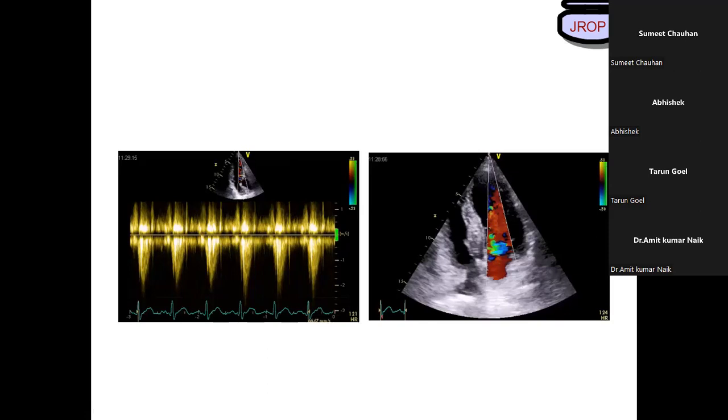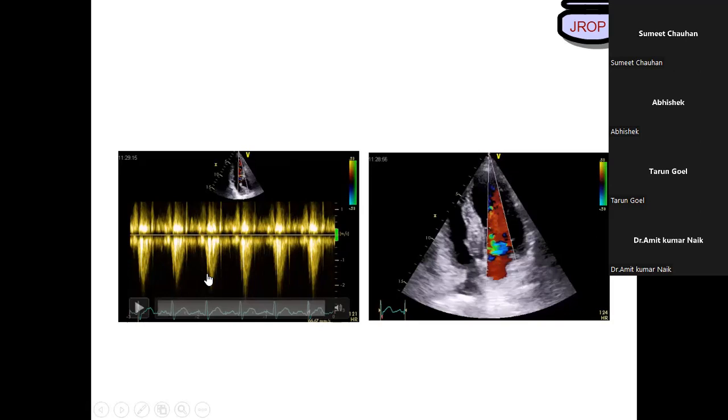There is turbulence in the LV cavity. There is a lot of turbulence, so there should be some obstruction in the LVOT. Correct. So can you explain this Doppler flow pattern, Abhishek? Is it dagger shaped? Yes, this is dagger shaped.